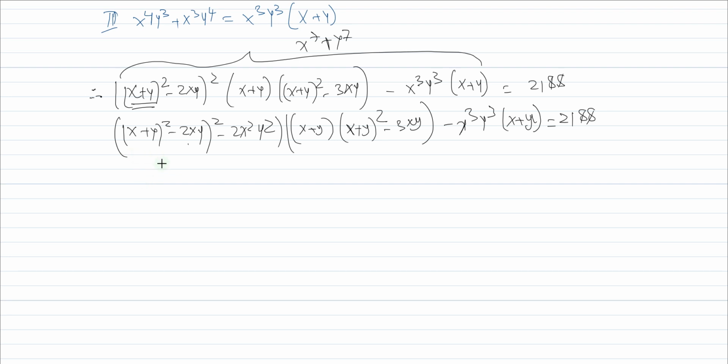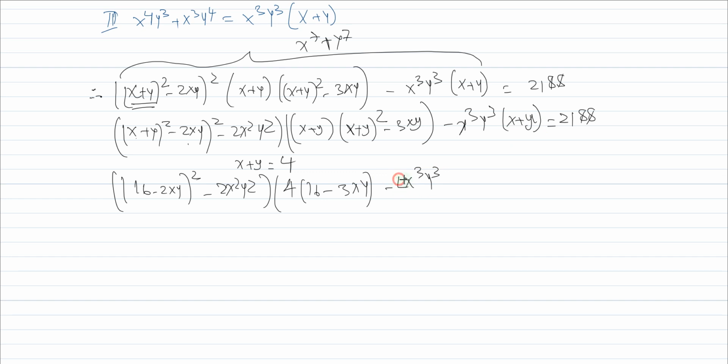Okay, guys, given that x plus y is equal to 4, 4 here is going to be 16 minus 2xy, this is going to be squared, minus 2x squared y squared, and then we would have 4, and then 16, and then minus 3xy, and then minus x cubed y cubed, and this is 4, so we're going to have 4x cubed y cubed, and then let me bring this to this side, 2188 equals 0.